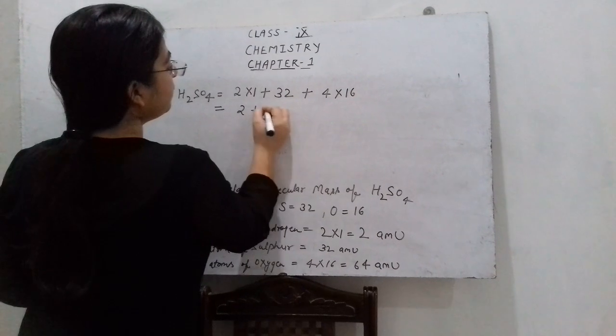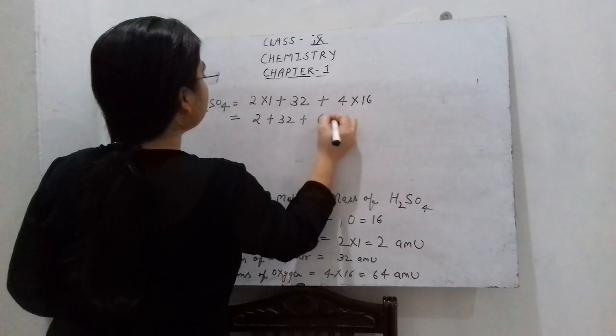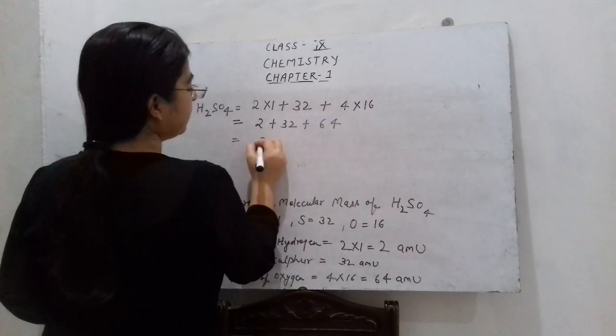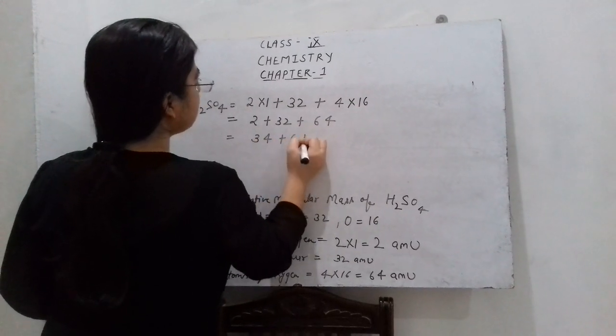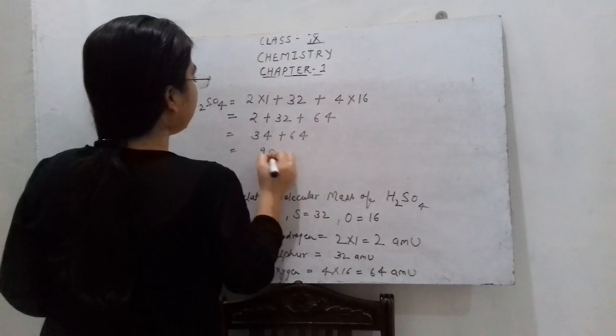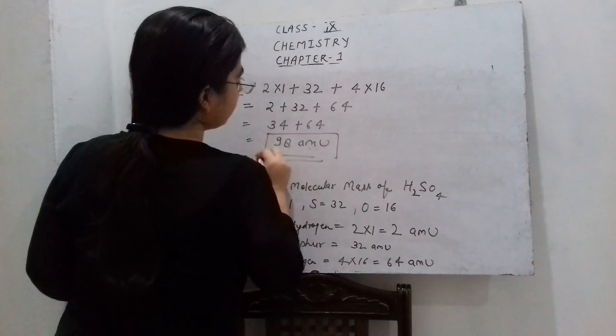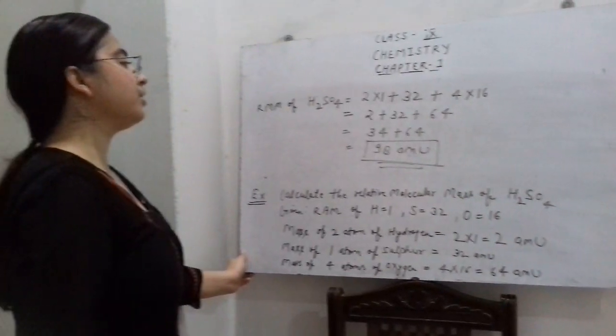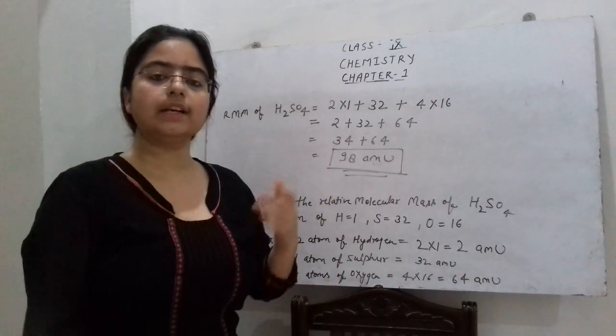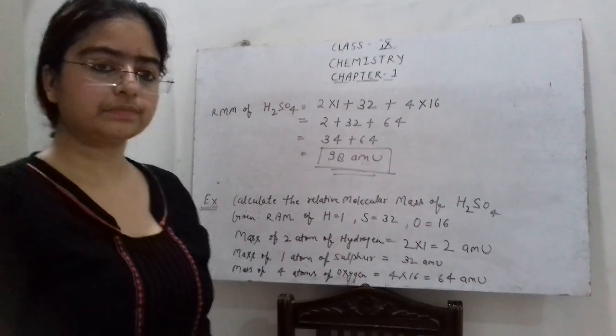So 2 plus 32 plus 64. 34 plus 64 equals 98 AMU. This is the way to calculate the relative molecular mass of different substances.